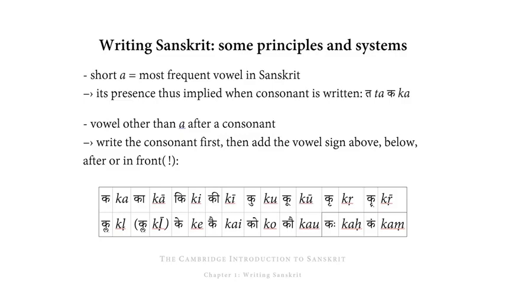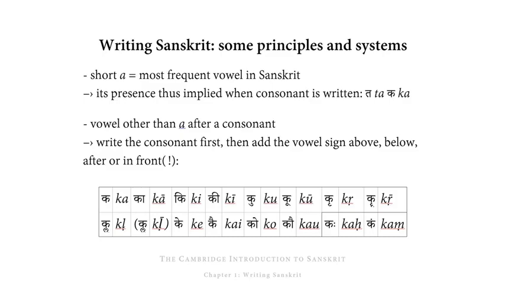You can either think of it as a strong h sound, or what some people do is pronounce it as an h and then add an echo of the preceding vowel to it. So this could be pronounced kah or it could be pronounced kaha. You will find either pronunciation.